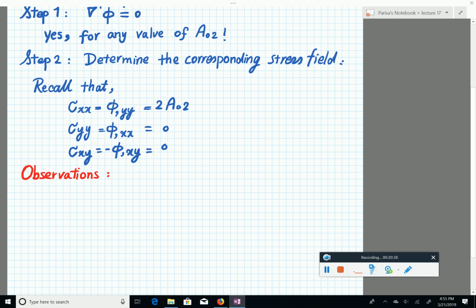One observation that you all made is that a stress field doesn't depend on x and y. So it's constant. Typically, you may have heard uniform stress field.